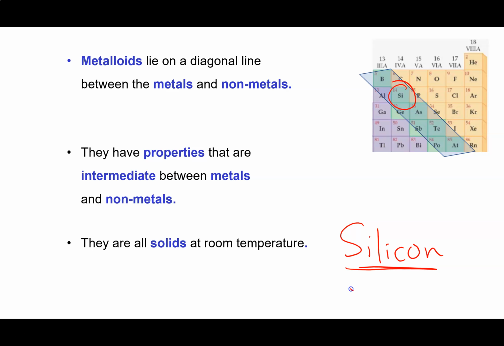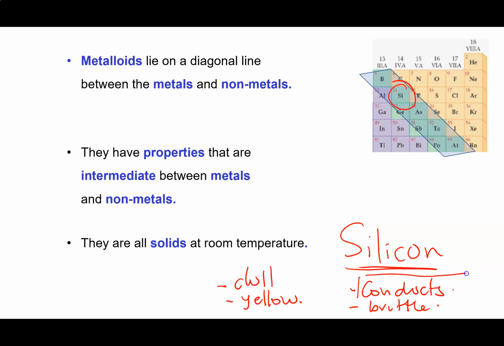Silicon chips. So it conducts electricity, but it's really brittle. So that's a different property from a metal. It's also dull, a yellowish color. It's not shiny at all. So it conducts electricity, which is a property that you would associate with a metal. But the fact that it's brittle and dull in color are properties that you would associate with a non-metal. So it's a little bit of the metals properties, a little bit of the non-metals properties. It's somewhere in the middle there.